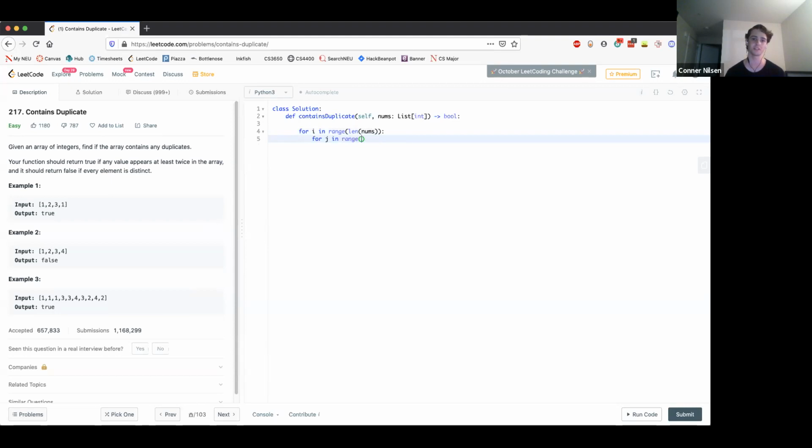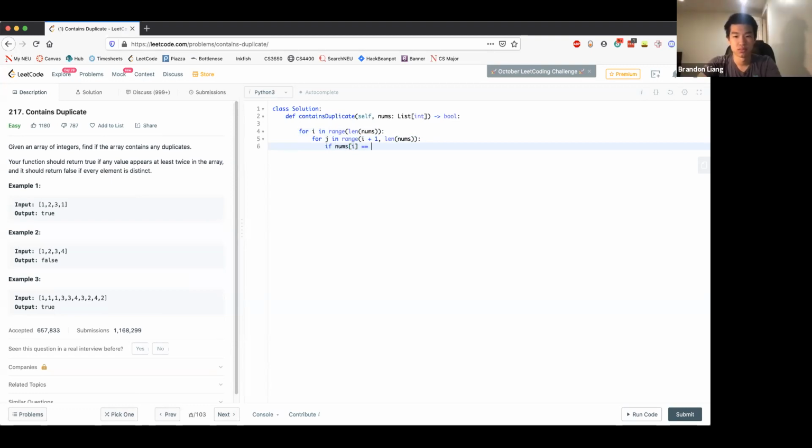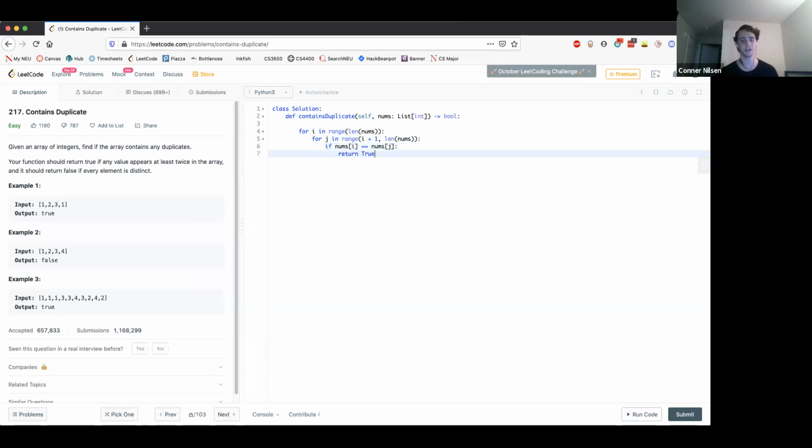So we'll say j in range starting from i plus 1 to the rest of the numbers. We'll say if nums[i] equals nums[j], then we will return true. Otherwise, if we walk through all those and there's nothing left, then we can return false.